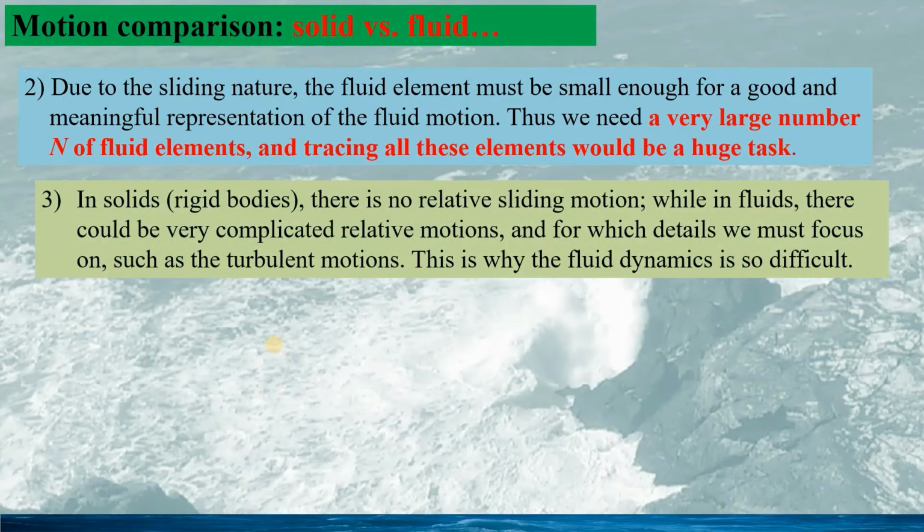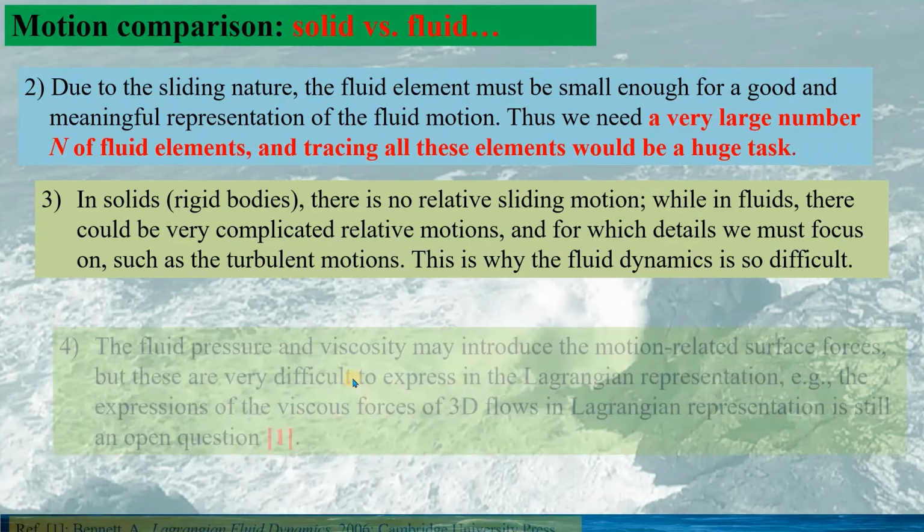In solid, because there is no relative sliding motion, the motion would be much simpler. While in fluid, there could be very complicated relative motion, whose details we must focus on, such as the turbulent motion. This is actually what fluid dynamics is for, and this is why fluid dynamics is so difficult.